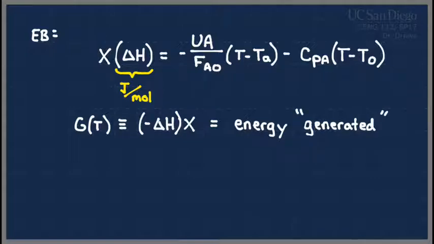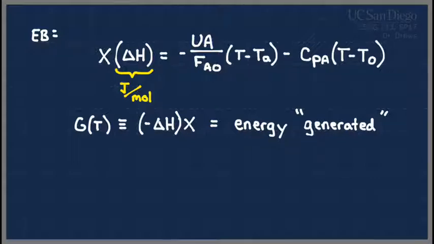What do we mean by heat generated? That means that anything that was associated with enthalpy changing due to the reaction is coming from that G of t term. So when we break, for example, a double bond, that energy has to go somewhere. We don't exactly know where it's going, but it got quote-unquote generated. The other side is everything else.